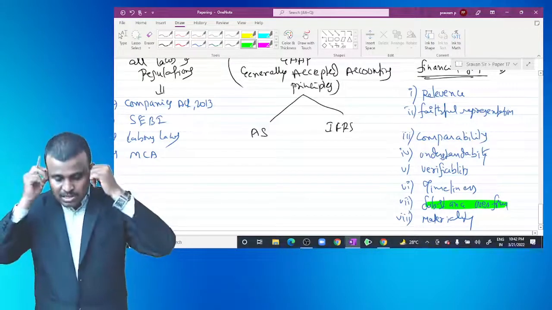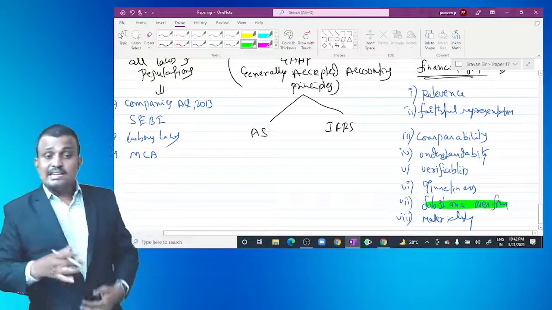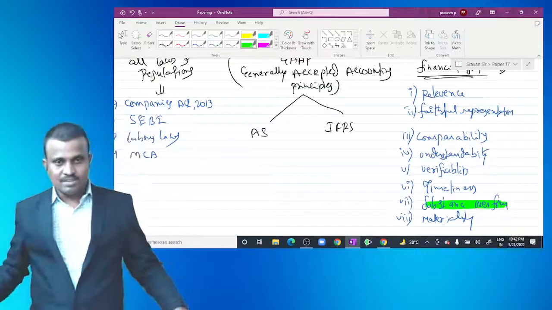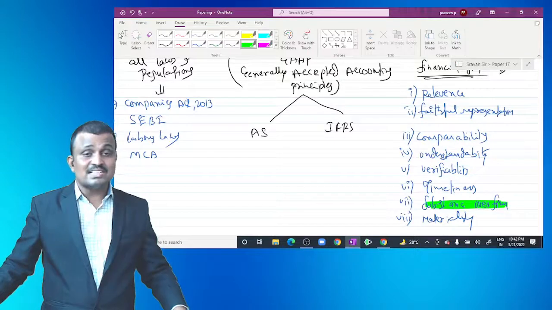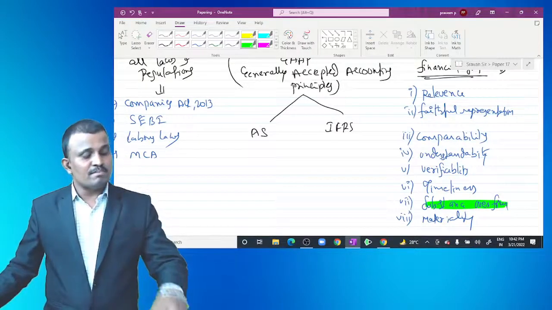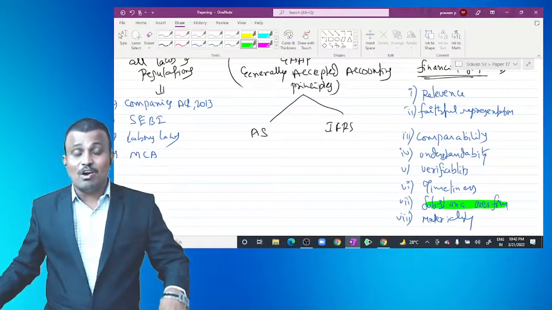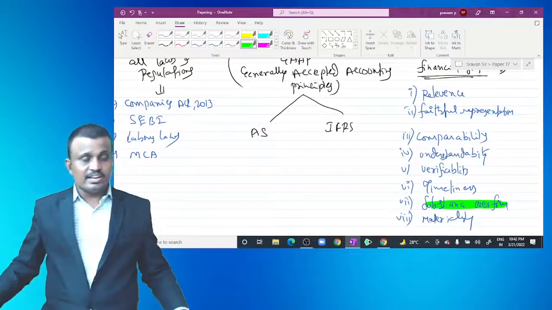Because preference shares are required to be paid after some period, and they carry a fixed, predetermined rate of dividend. So the preference share is treated as a long-term liability as per IAS instead of forming part of share capital. So we have to consider the reality of the transaction rather than the legal formality.